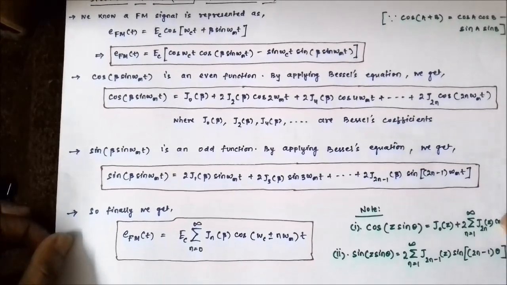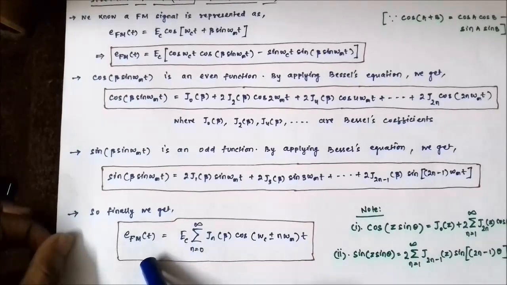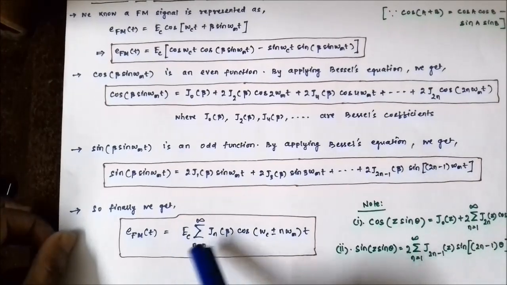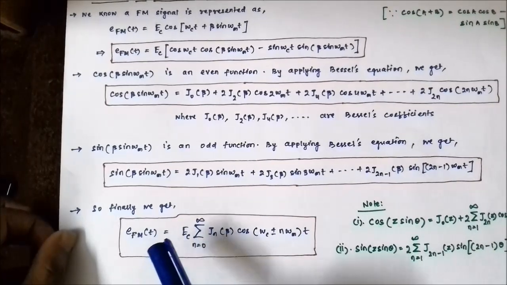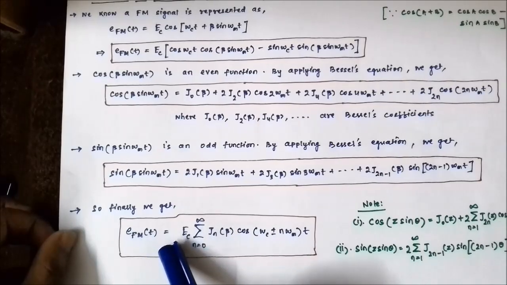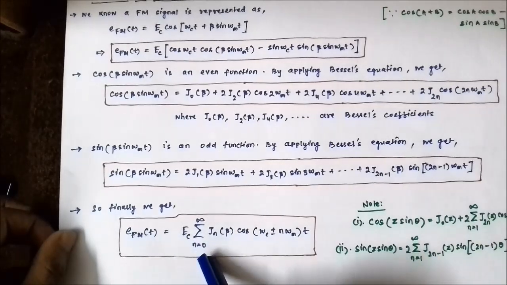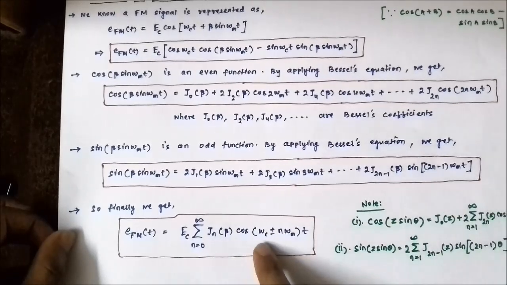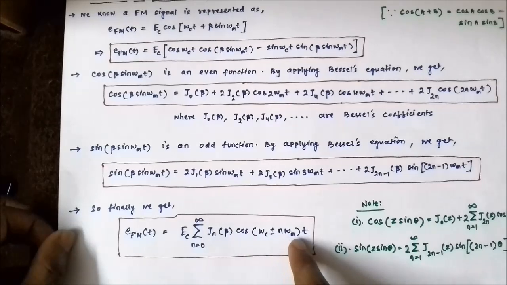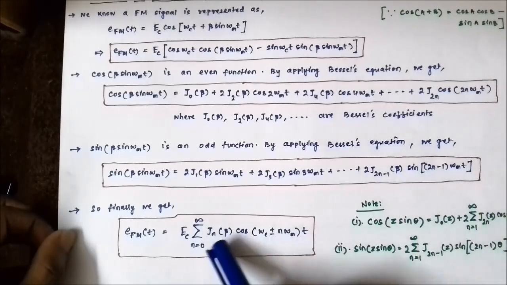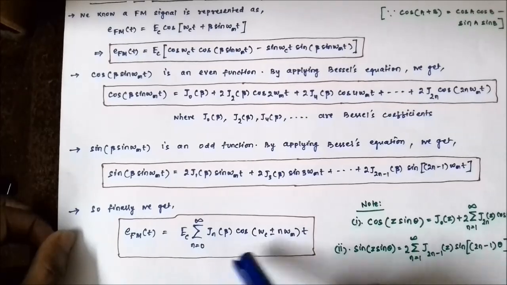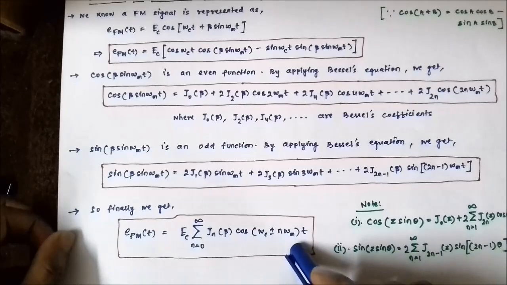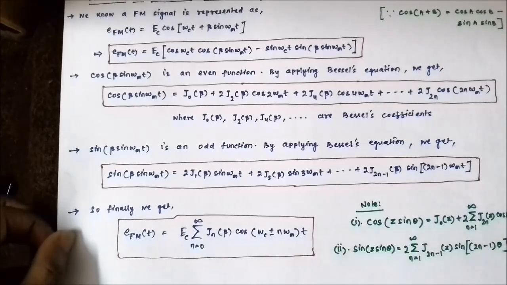Okay, so we finally get the spectrum of a frequency modulated signal in terms of Bessel's expansion in this form: E_FM(t), the frequency modulated signal as a function of time, is equal to E_c times the summation from n equals 0 to infinity of J_n(beta) cos(omega_c plus minus n omega_m)t. Here J_n(beta) are the Bessel's coefficients, omega_c is the carrier frequency, omega_m is the modulating signal frequency, and E_c is the carrier signal amplitude.